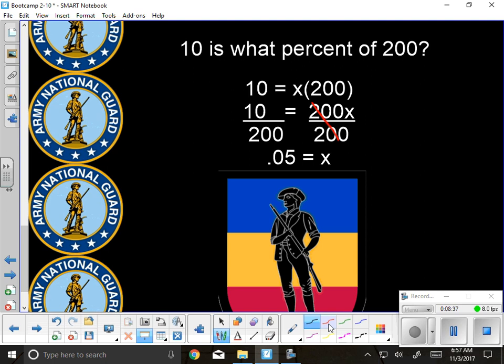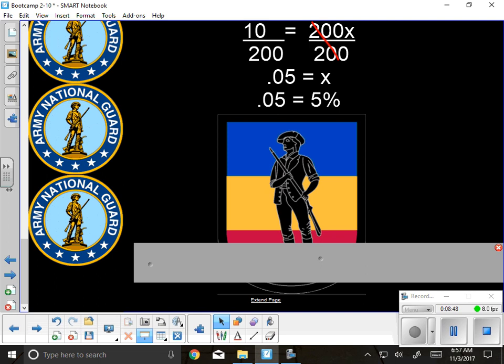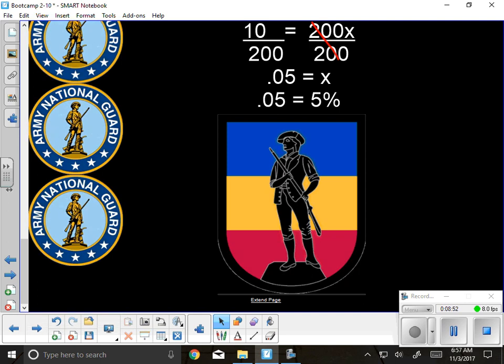Now, 0.05 definitely looks a lot different than 5, right? So what we're going to need to do here is remember that this number right here is 5%. But this is the one extra step. Instead of just leaving it and saying, oh, we got 5 is our percent, here we're going to have to multiply our number by 100.